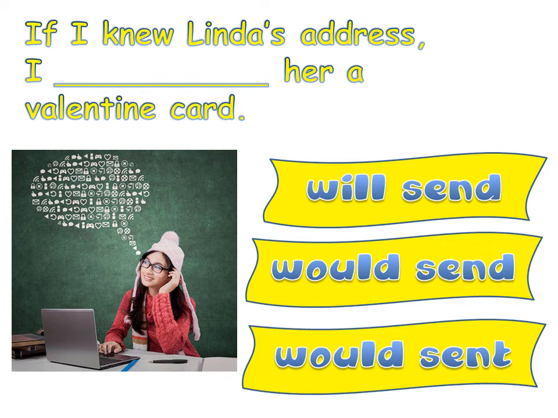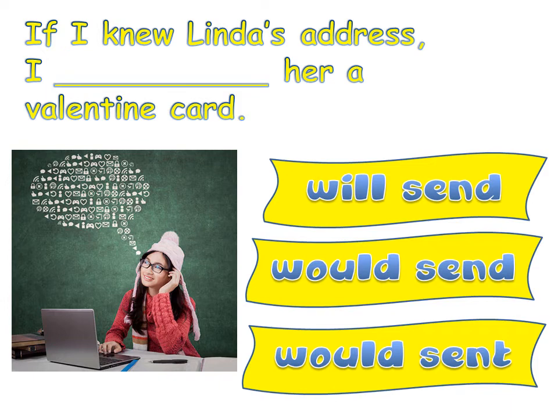If I knew Linda's address, I will send her a Valentine card. I would send her a Valentine card, or I will send her a Valentine card. Which one is correct? I have in the first half of the sentence if plus subject plus unreal past of the verb know.